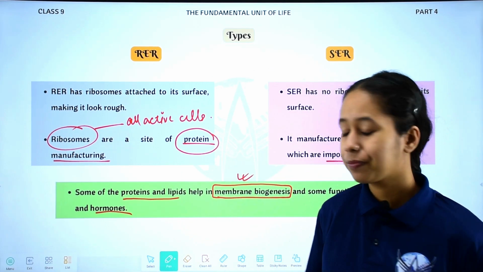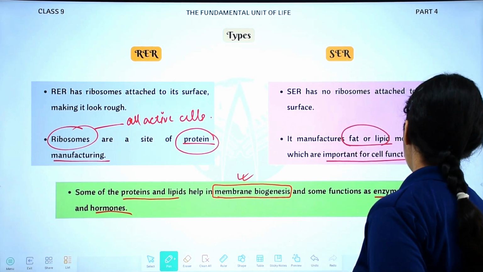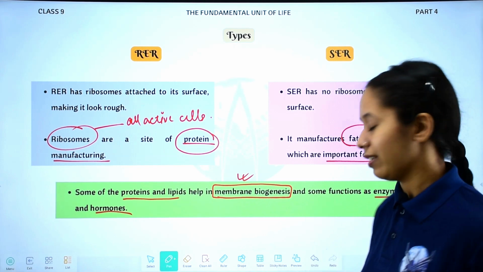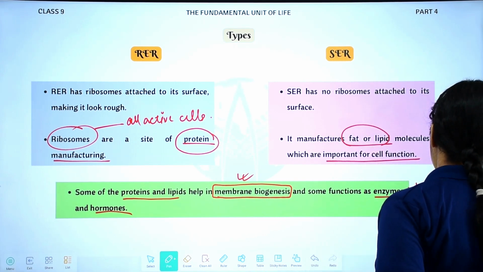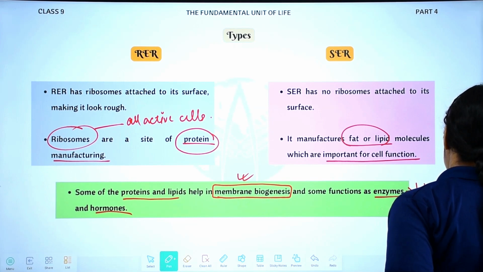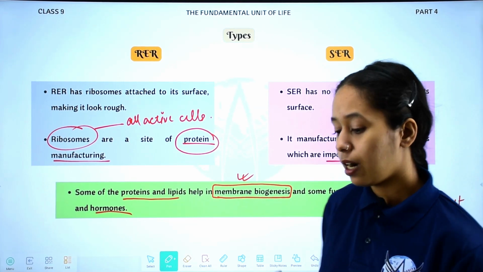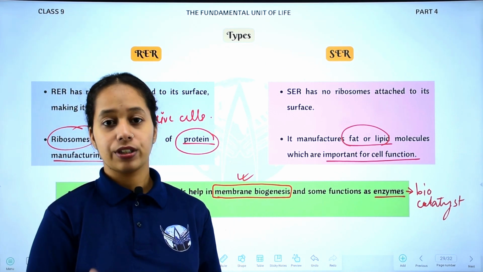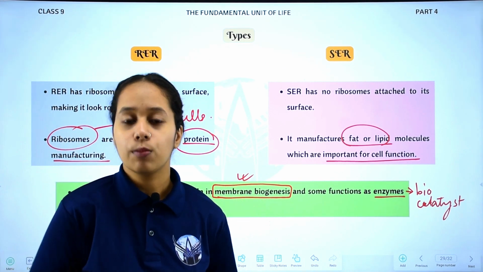What are hormones? Enzymes, in very short, I can define as biological catalysts, meaning they are biological substances which speed up chemical reactions undergoing inside our body.